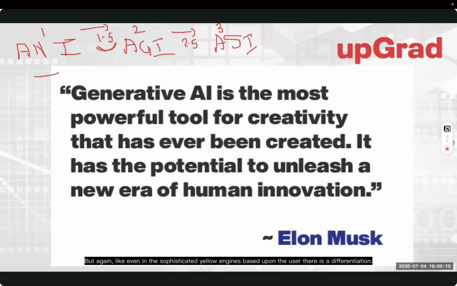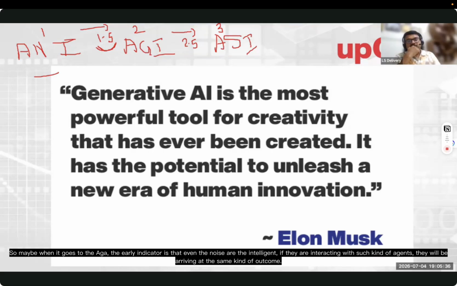But again, even in the sophisticated LLM engines, based upon the user, there is a differentiation. Two different people using it, with their level of prompt and interactions, are able to differentiate. That means the human intelligence is basically triggering the LLMs to reason in a certain way and distill the information.